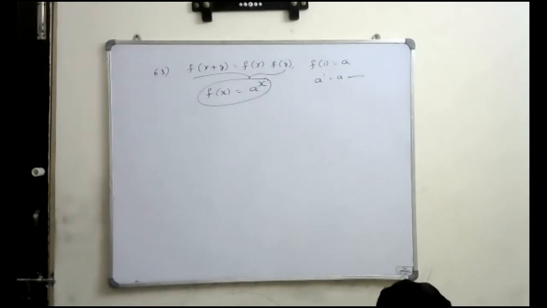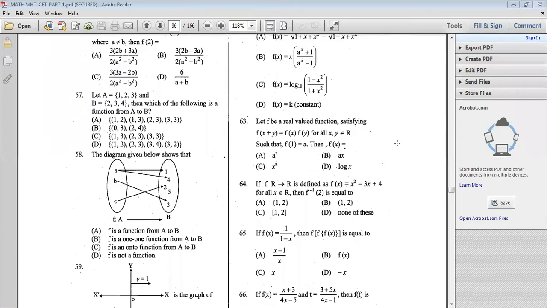Next, look at the next problem. 64th problem. f maps R to R, defined by f of x is equal to x square minus 3x plus 4.